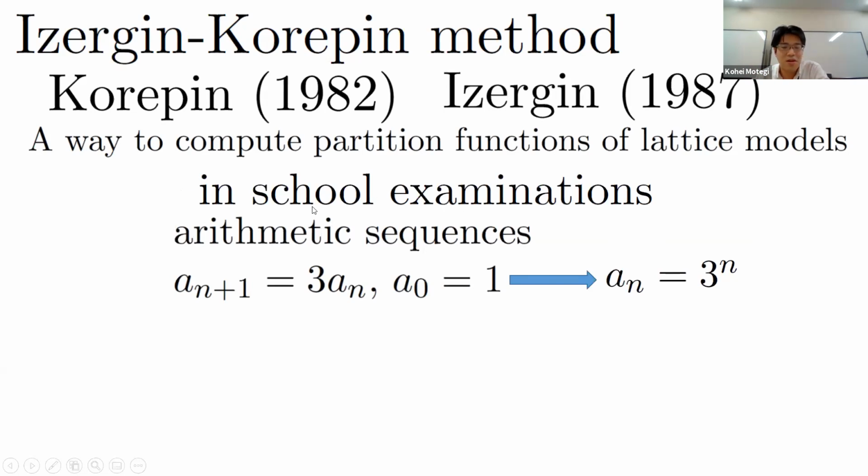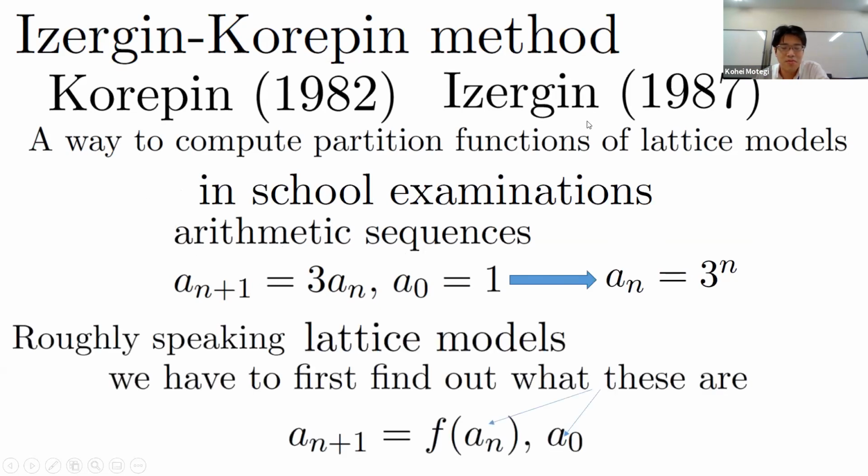In school examinations, you learn how to solve things like this. But in lattice model problems, what you have to first do is to find out what kind of arithmetic sequences you have to solve. So you have to figure out what this FAN is, and you also have to know what the initial value A0 is.